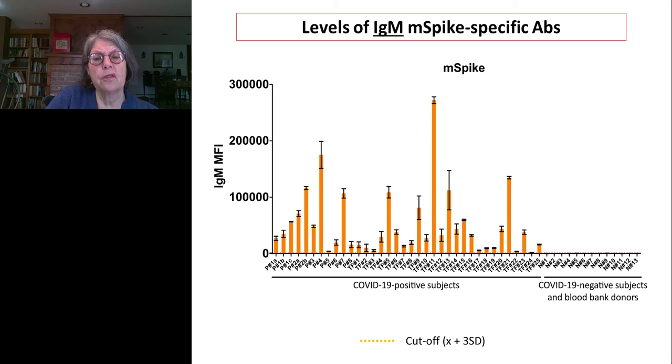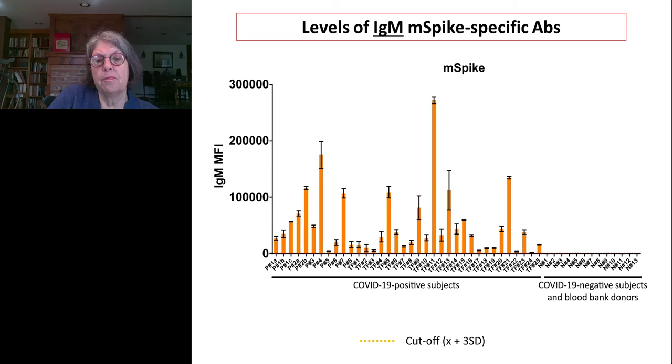The second quartile was between 50,000 and 100,000, and we counted the number of specimens that fell between 50 and 100,000. The third quartile was between 100 and 150,000 MFI, and the fourth quartile was anything over 150,000 MFI.